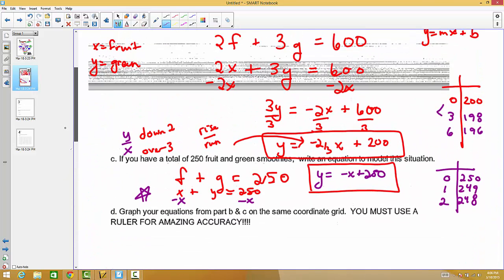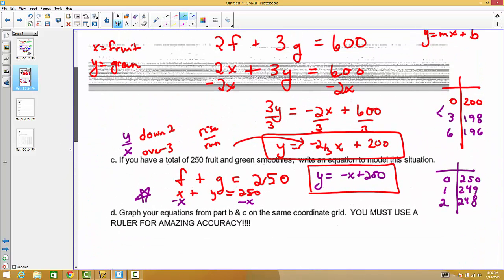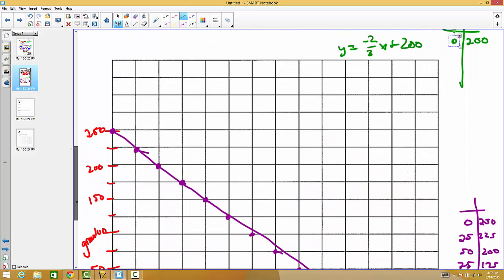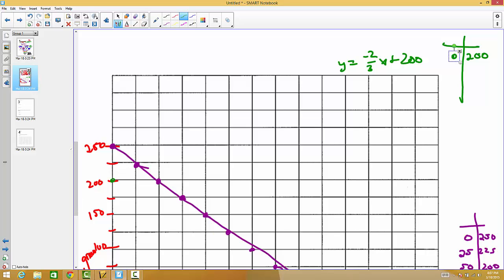Alright, the other equation, right here, 0 is 200. I'm going to write this equation right here. And then on our graph, we went up by 25s. So 0, 200 is right here. So if we plug 25 in, we are going to get a decimal, but it would be negative 2/3 times 25 plus 200.